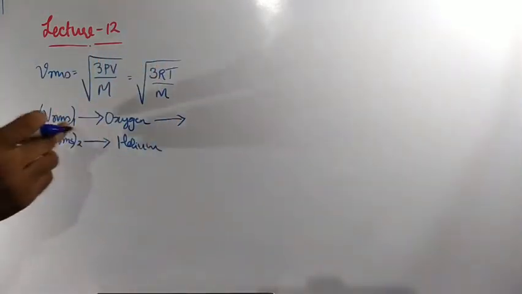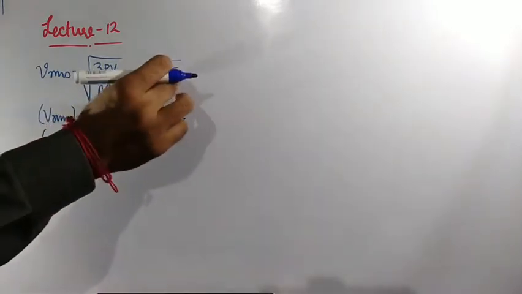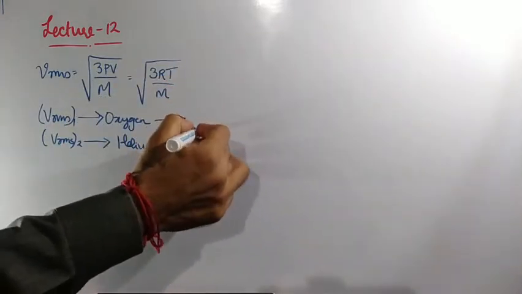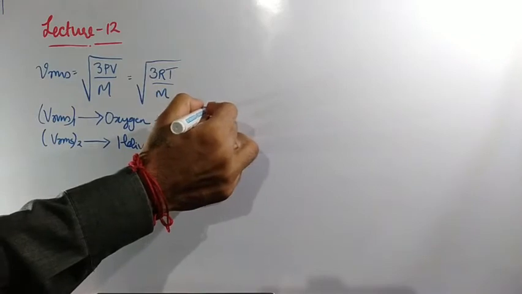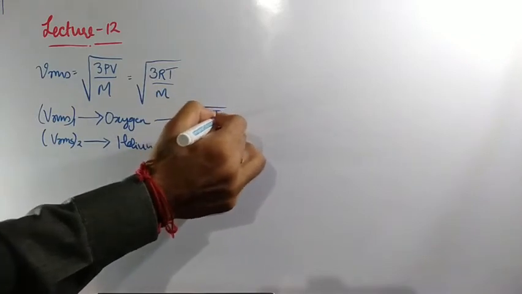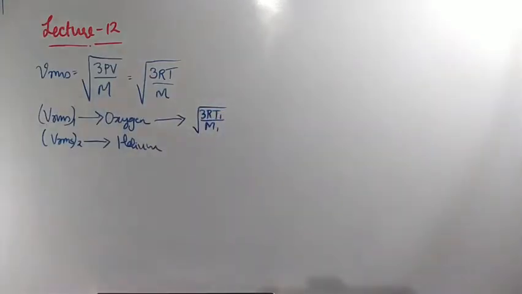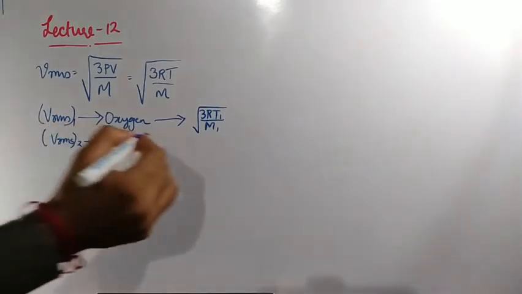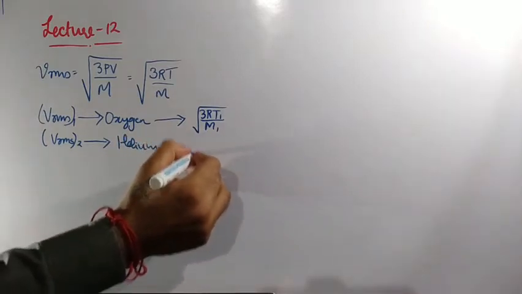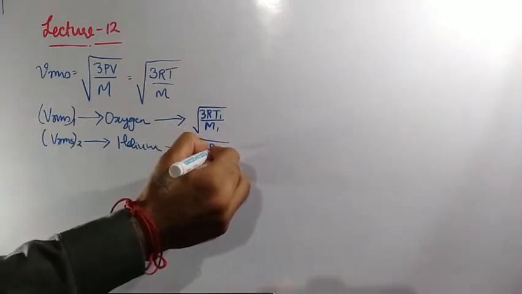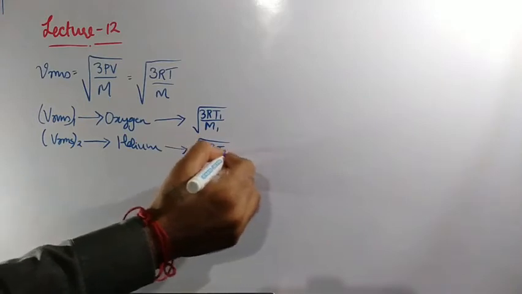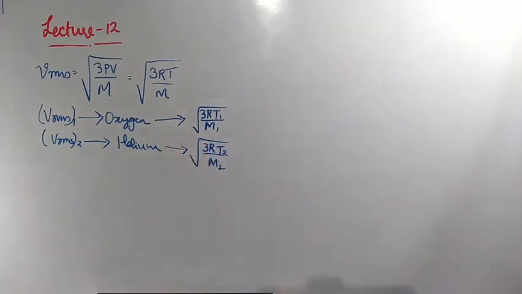So for oxygen, treating it as the first gas, I write T1 and M1: VRMS 1 equals root of 3R T1 by M1. Clear till this point? Now, for the second one, helium, root of 3R T2 by M2.